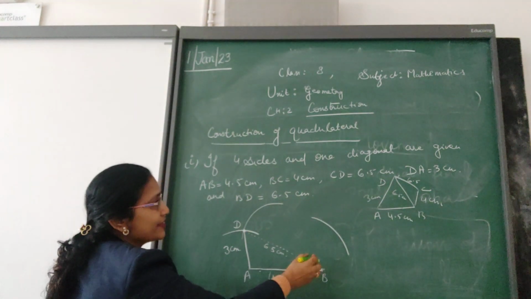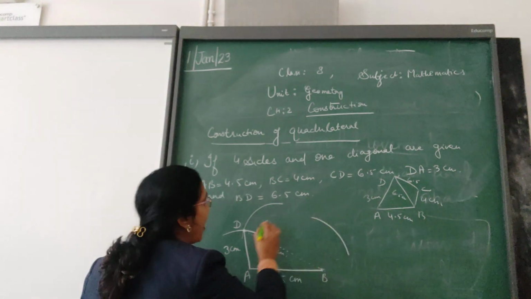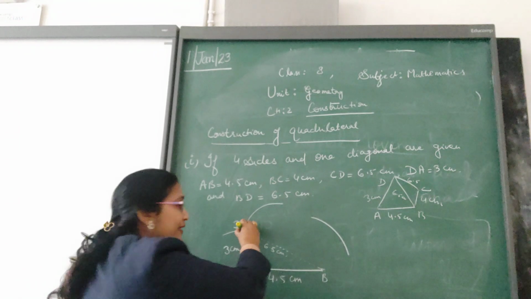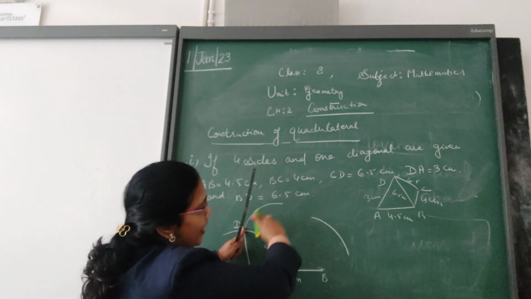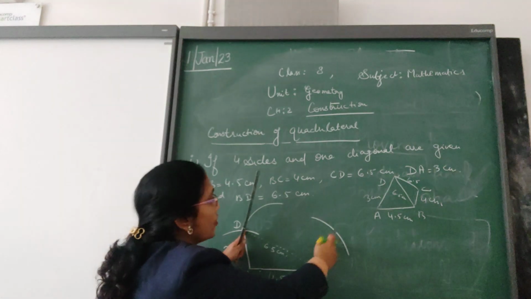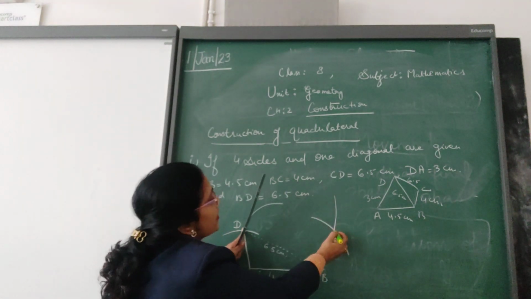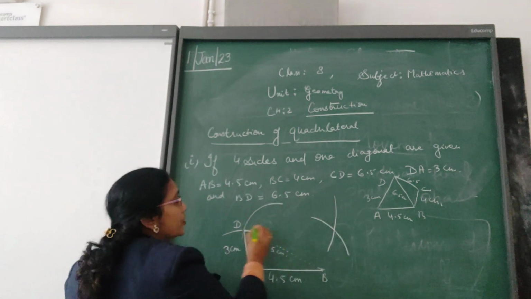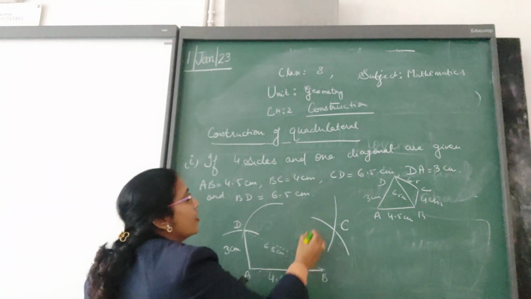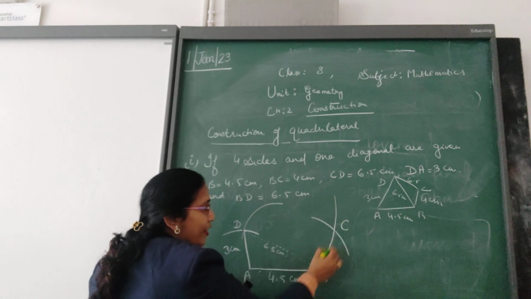It will intersect the BC arc at the point C. This you have to take as a center and draw the arc of 6.5. So afterwards you got the point C because it intersects the previous arc at the point C.